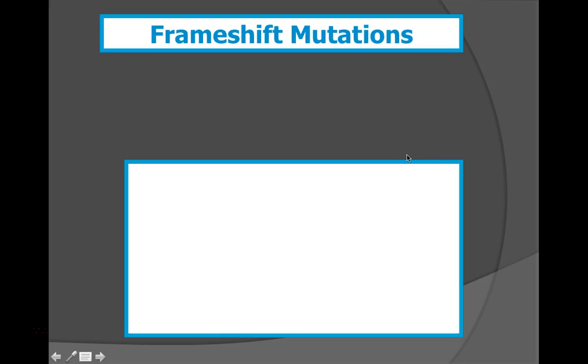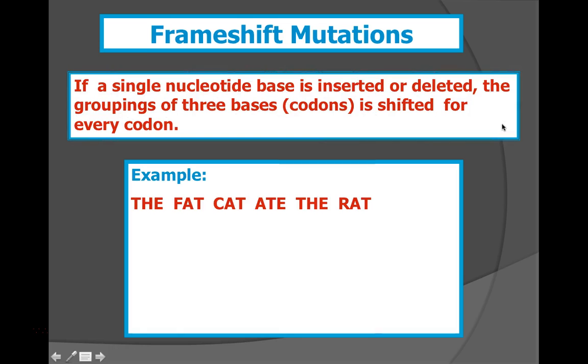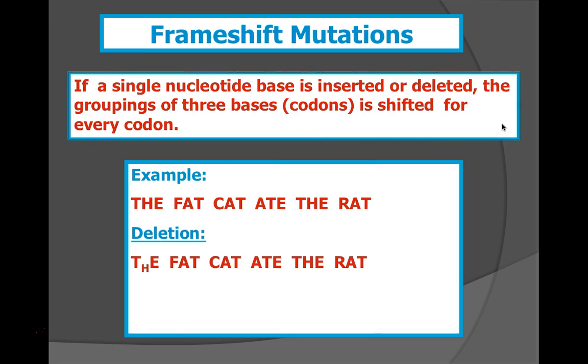Let's take a look now at our frameshift mutations. These are our insertions and deletions. So as I stated before, one single nucleotide base is either inserted or deleted. Depending on that, your result is going to be shifted over. So just using the example of these three-letter words being your codons, the fat cat ate the rat, if the H is deleted, that shifts over every other letter to the left, and now you have an unreadable sentence.